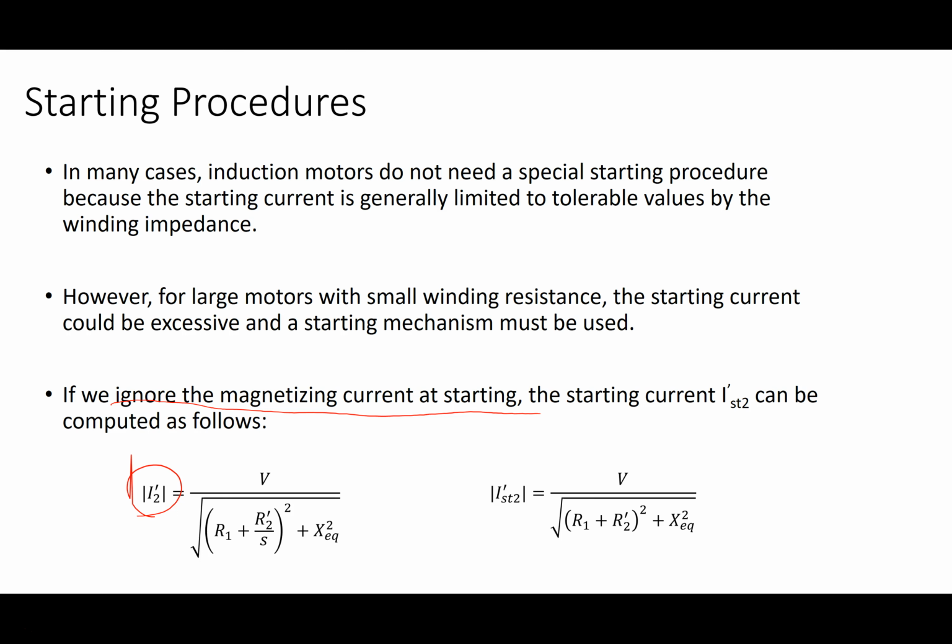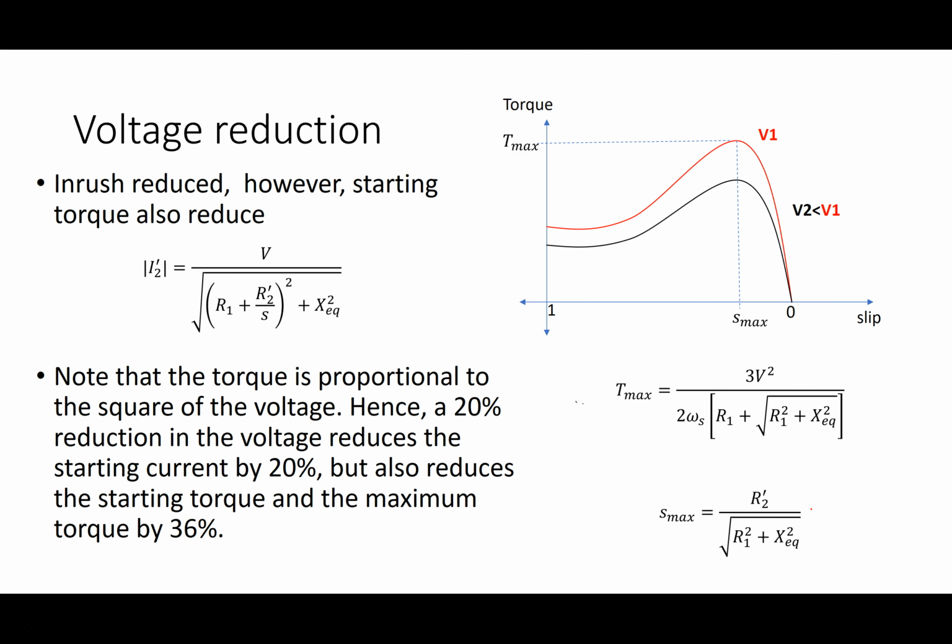You'll see here that it depends on R2 over S, so the current is dependent on the slip. At starting, the slip is 1, which means the speed is 0, so we end up with this equation here. So you could see right away that by varying these parameters, we could vary what the current is. And that is exactly what we do.